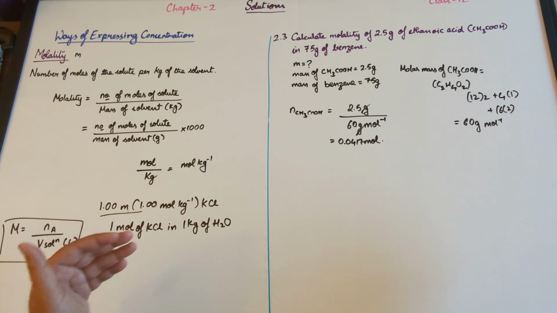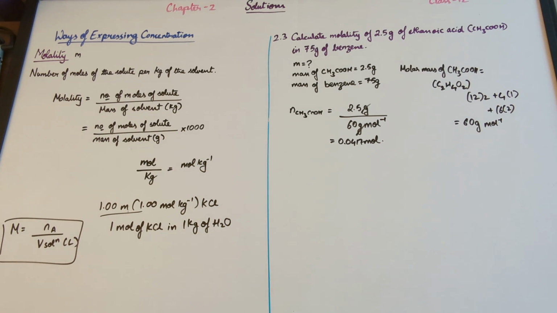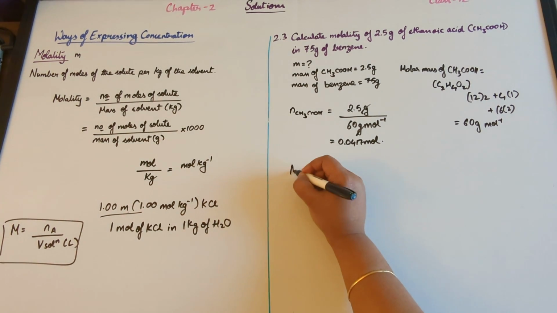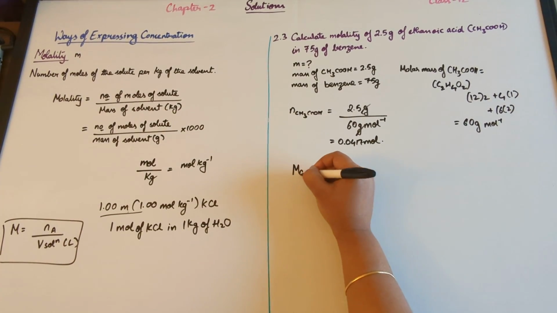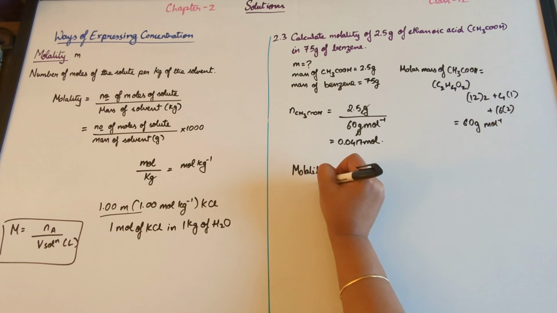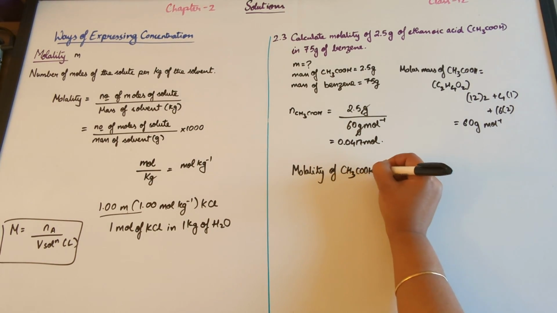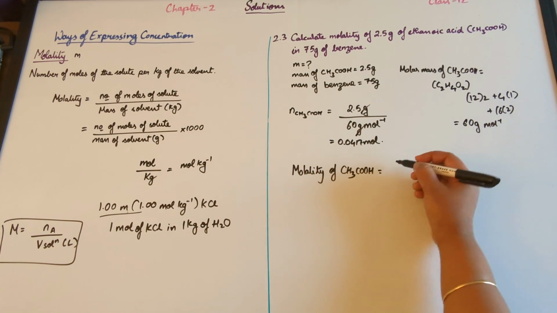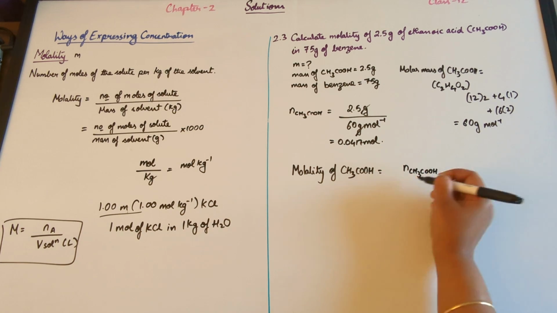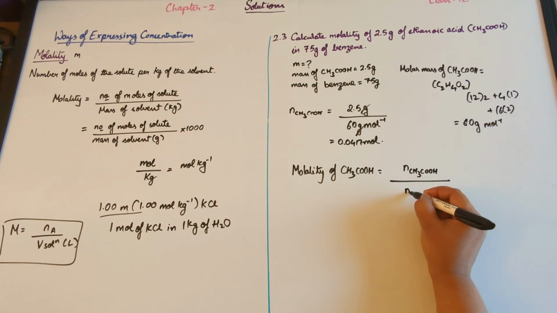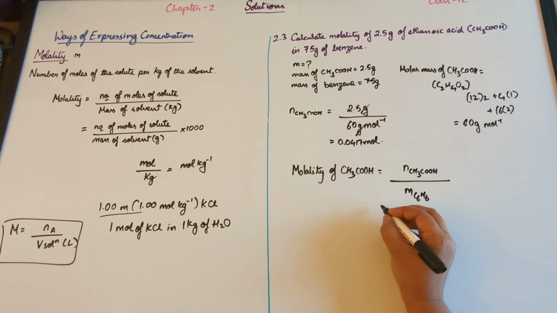So we have the number of moles and the mass of the solvent, and we can just substitute. You can convert the grams to kilograms, but I prefer just putting it in the formula. So the molality of CH3COOH will be equal to the number of moles of CH3COOH divided by the mass of benzene, C6H6.